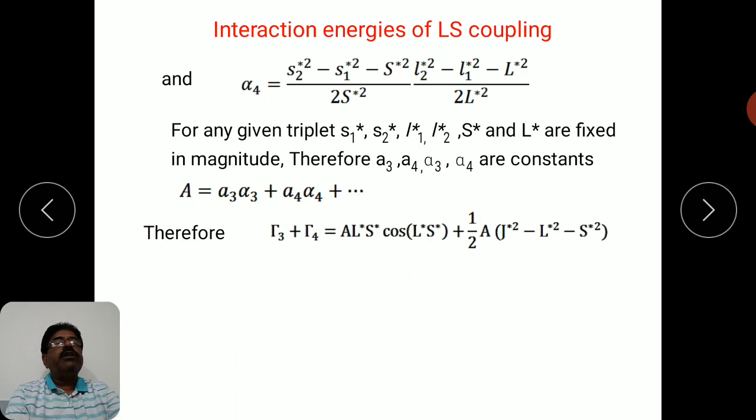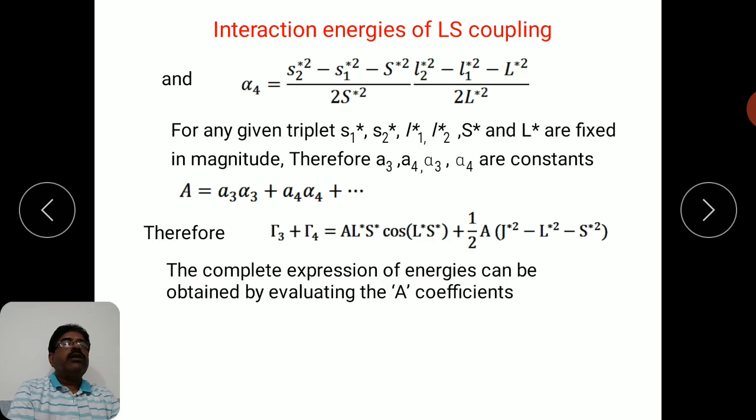Therefore, the equation for the term gamma 3 plus gamma 4 will be A L star S star cos of L star S star plus 1 half A, this A into J star square minus L star square minus S star square. Okay, so the complete expression of energies can be obtained by evaluating the A coefficient.